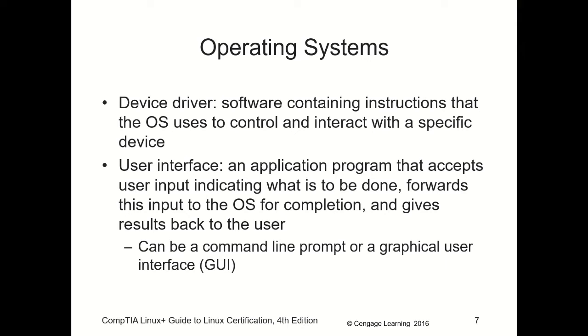Or sometimes you issue certain commands. Let us say we want to navigate to a certain folder. You can accomplish it by clicking the folder on a GUI, or you can simply use your command line to navigate to a certain directory, a certain folder.